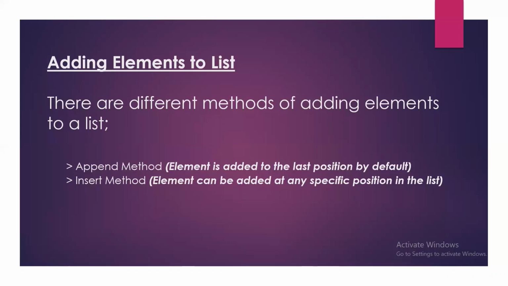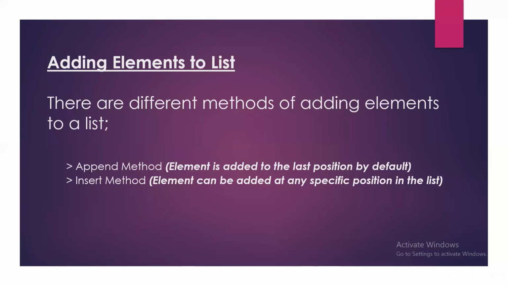If we want to add another element at the third position, then we will use index 2 to add a new element at that position. So let's see how we can add new elements to the list by using both methods.